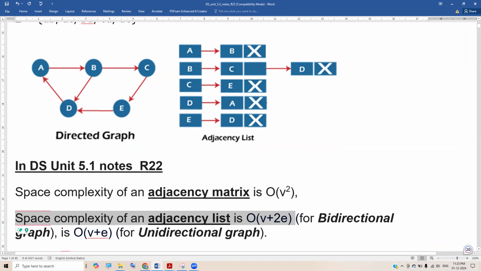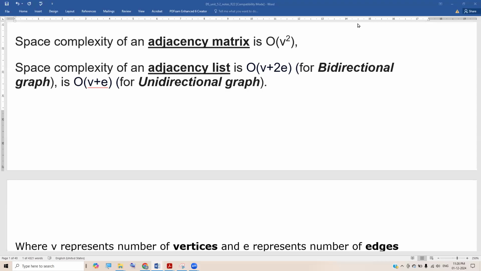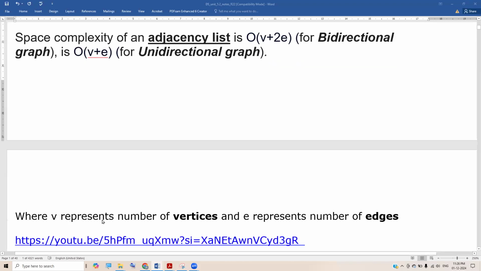However, for a unidirectional graph, it is of the order of V plus E, because in the case of unidirection, if you have a link from A to B, you don't have a link back from B to A. Hence, it is a single E, whereas for the bidirectional graph, we have 2E, where V represents the number of vertices and E represents the number of edges. Thank you.